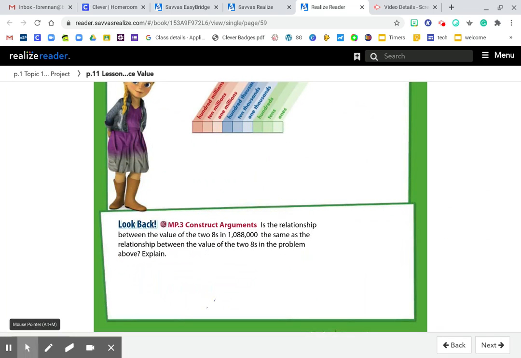Is the relationship between the value of the two eights the same as the relationship between the value in the two eights above? So let's take a look. This one up here was 1,088,000. So we can say that this 8 is 10 times bigger than this 8, or you can say this 8 is 10 times smaller than that 8.